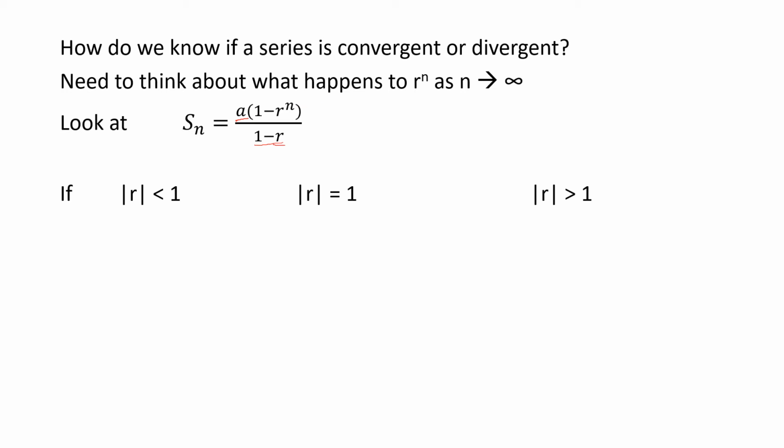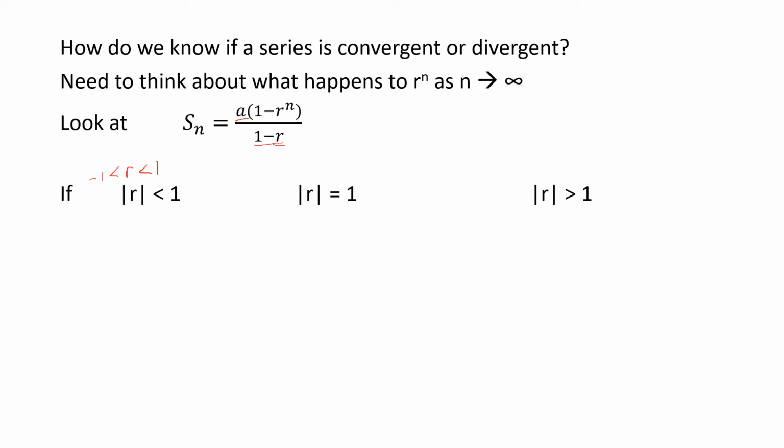Now, what happens to that depends on how big r actually is. So we've got here our first condition, modulus of r is less than 1. Now what that means is that the size of r is somewhere between 1 and minus 1. And if you think about any number that's inside that range, it gets smaller when you increase the power. We saw that on the previous slide.